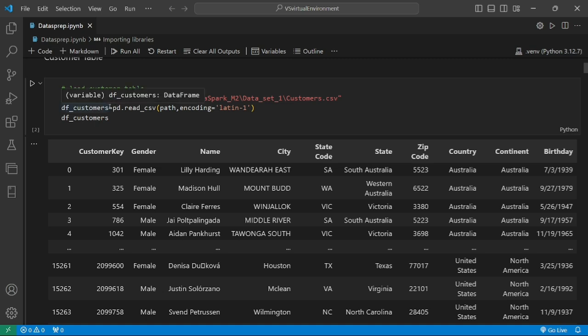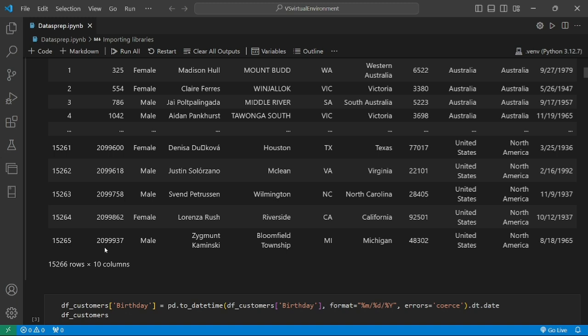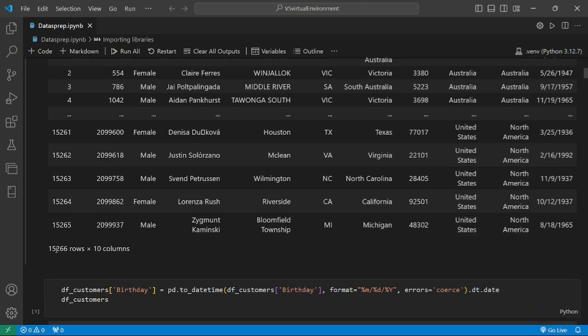First I loaded the file using pandas read CSV. When you load it, I got a total of 15,266 rows. This is the customer table, the first one, you can see.